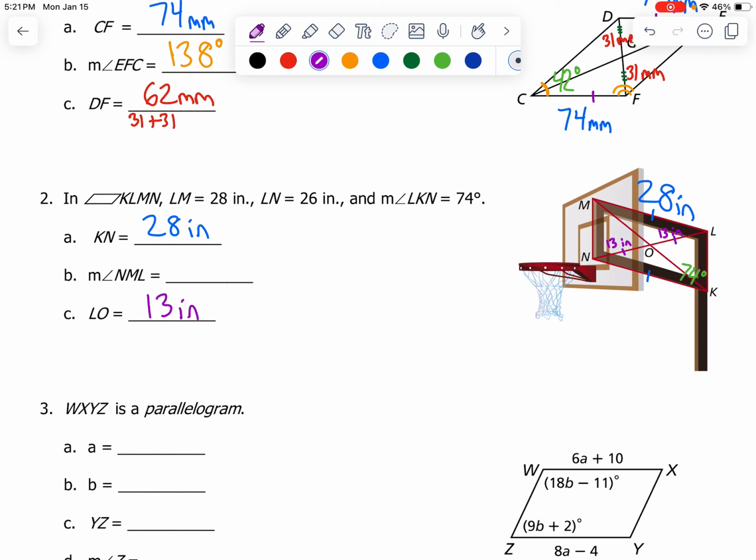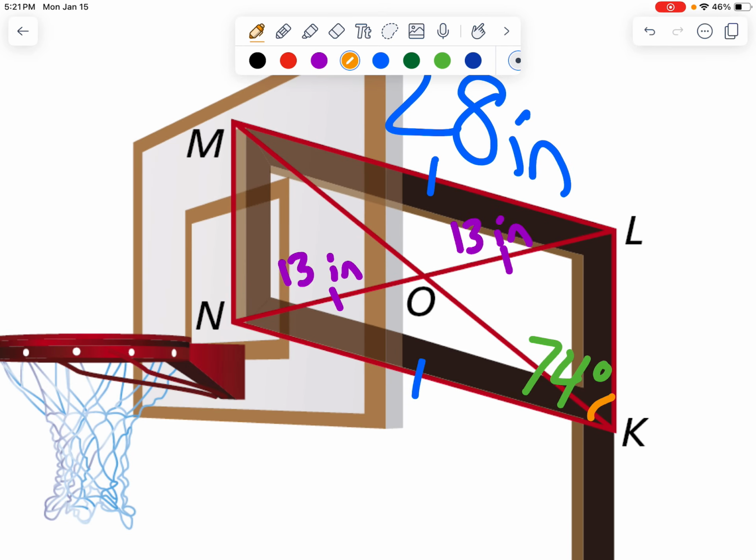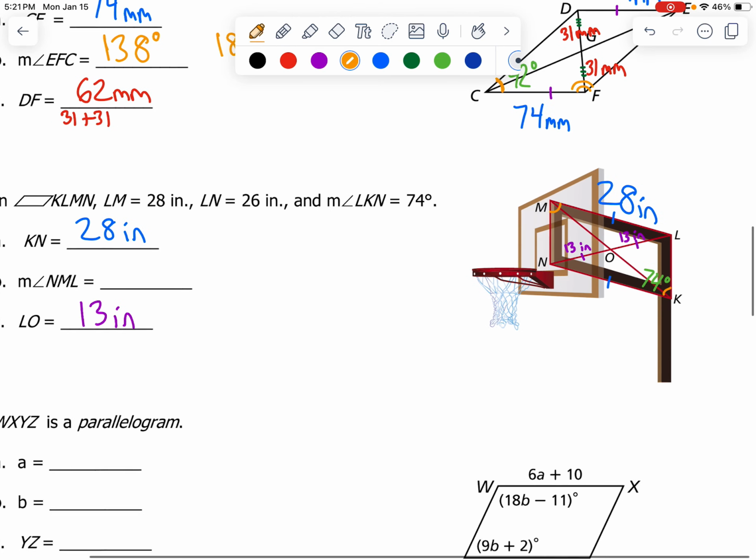And now it wants angle NML. So here we can see those are opposite angles, and we know the opposite angles are congruent. And so this one will be the exact same, 74 degrees. Maybe I'll label it. It's okay if you don't label it on there, but I just will.